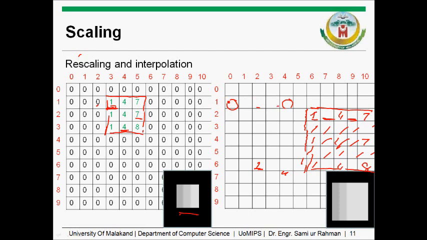Because if here I have, let's say, 1 and here I have 20, the average value will be 10, but this neighbor's value should be closer to 20. So there are different interpolation techniques, and from experiments it would be possible to know the difference between these types of interpolation.